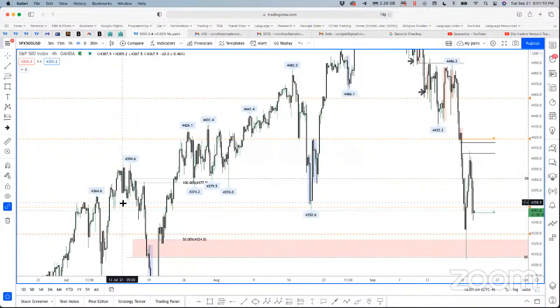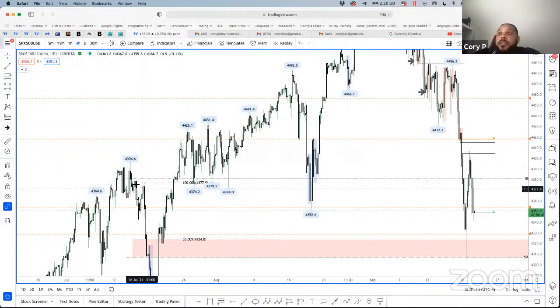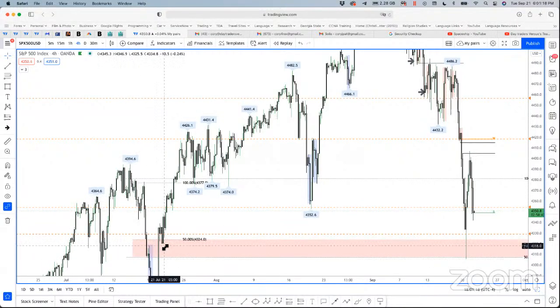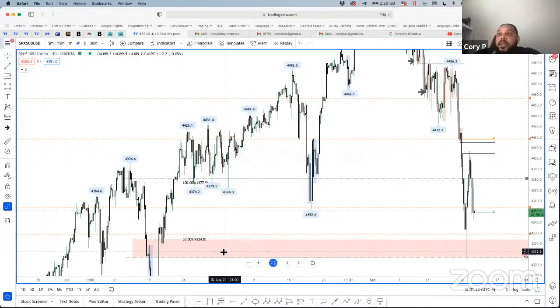That's what I was trying to figure out, if it was something in that area. That's this area right here.